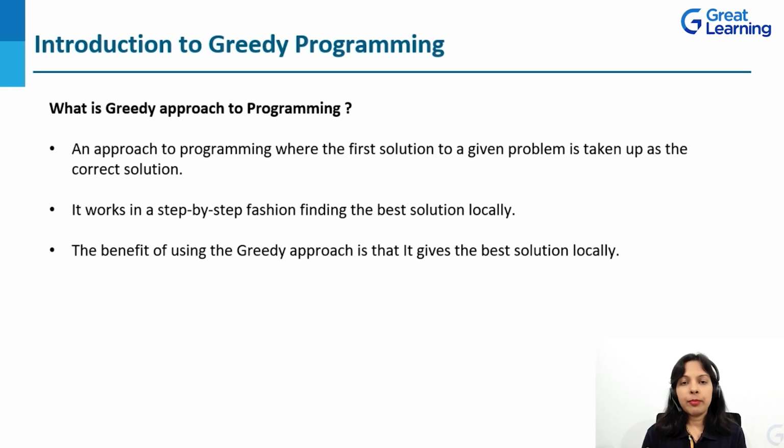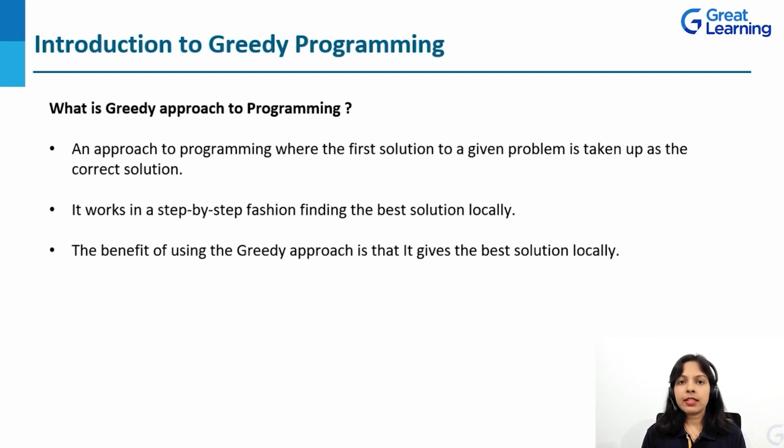It is a step-by-step process in which at the very first step, the most feasible as well as the optimal solution is selected. Then we move to the next step, and there also the most optimal and feasible solution is selected. Then we move to the next step. Similarly, going forward, we reach the final step and finally we obtain a feasible and optimal solution.